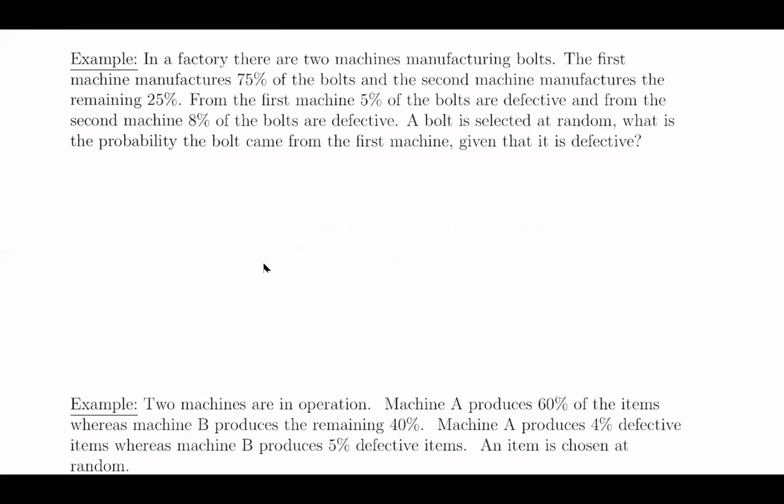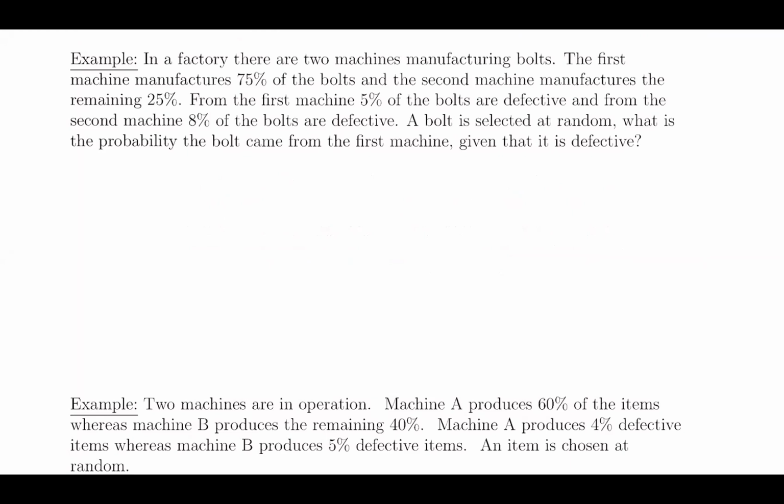So for this one, it says, in a factory, there are two machines manufacturing bolts. The first machine manufactures 75% of the bolts, and the second machine manufactures the remaining 25%. From the first machine, 5% of the bolts are defective, and from the second machine, 8% of the bolts are defective. A bolt is selected at random.